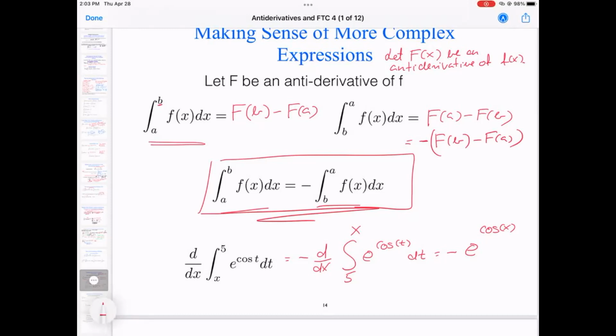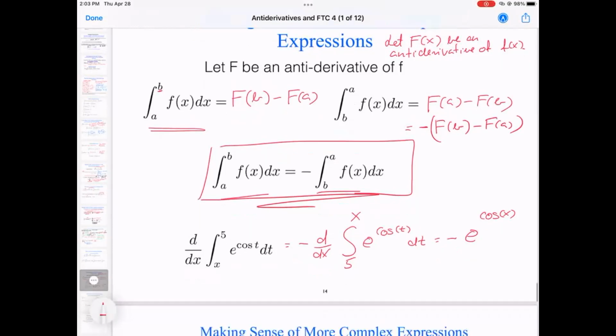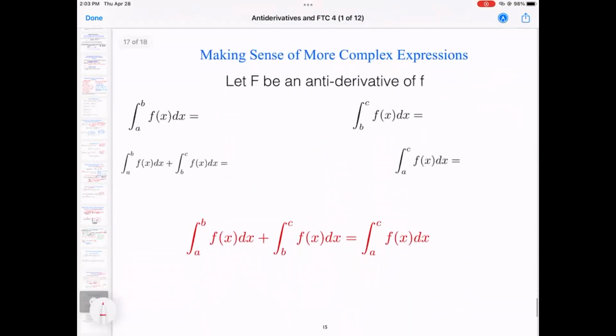You're multiplying by the derivative of x with respect to x, which is 1. If it were x squared here, then it would be x squared here and multiplied by 2x.